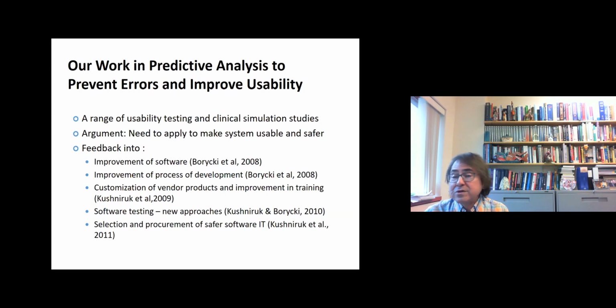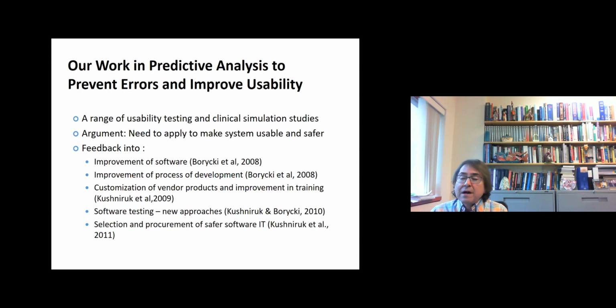Customizing of vendor products was a big one. Even if you have a product that's being developed, there are so many decisions about how to implement it that the methods I'm talking about today apply. The last example was a commercial product, but we were able to fix the problem. It's generally new software testing methods.